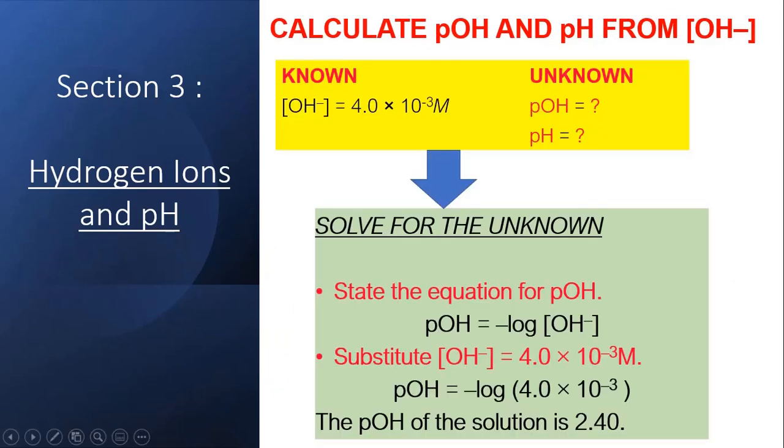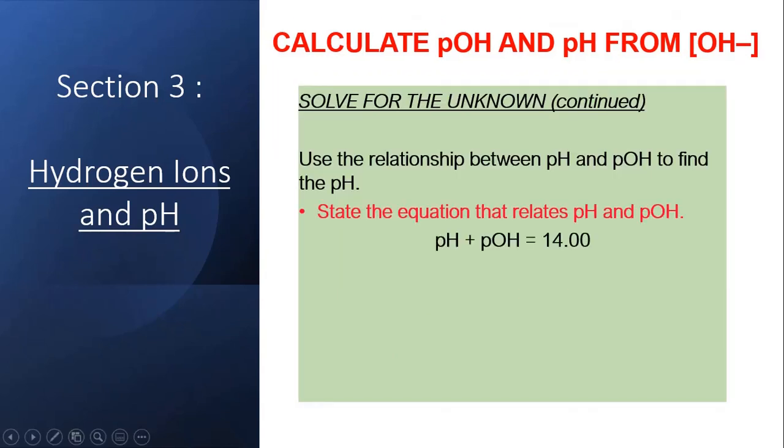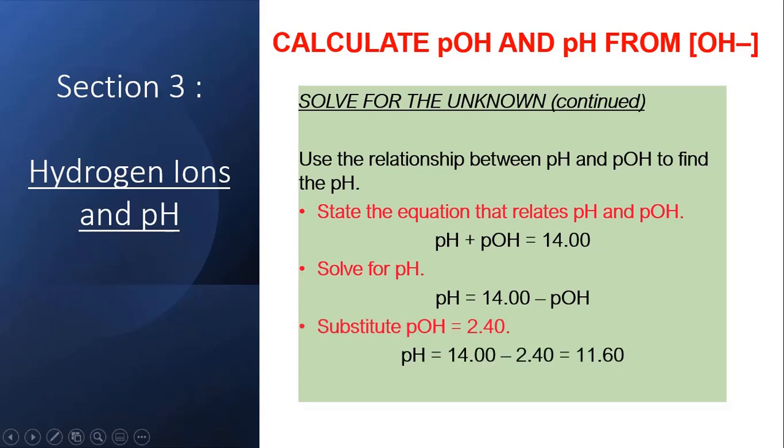If pOH was 2.4, what do you think the value of pH is? We will use that relationship, pH plus pOH equals 14. Keeping pH on one side and taking pOH to the other side, 14 minus pOH will be 14 minus 2.4. The value of pH equals 11.6.